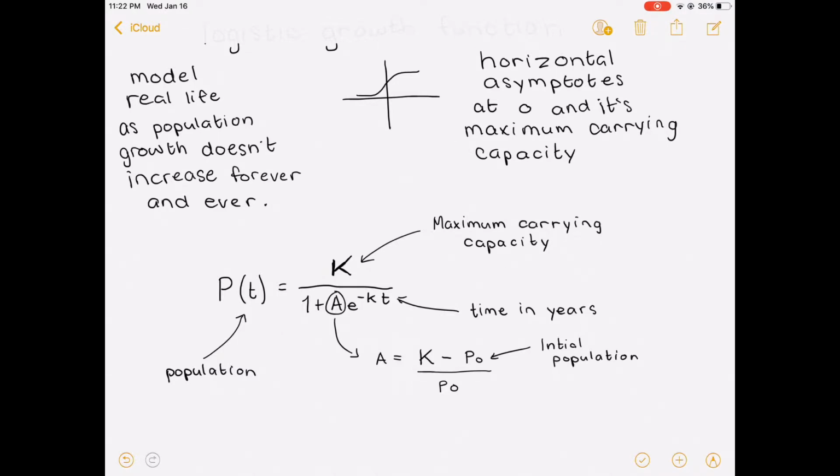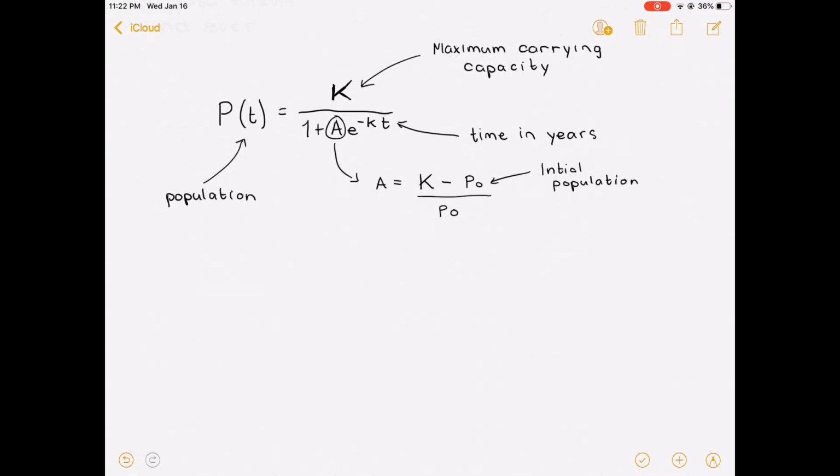Now, let's look at this formula and use it in terms of the function that was given to us in our question. P of t is equal to 500 divided by 1 plus 4e to the exponent of negative 0.02 times t. Also important to note that negative k is your rate.